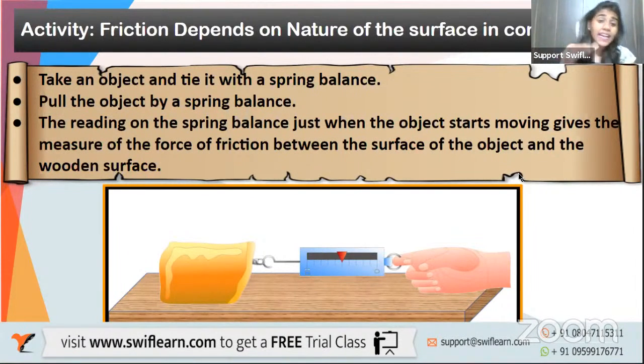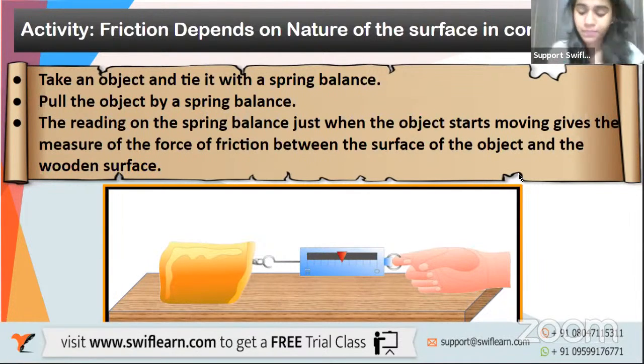The reading on the spring balance just when the object starts moving gives the measure of the force of friction between the surface of the object and the wooden surface. Getting it? As soon as the object starts to move, whatever reading is shown on the spring balance is equal to the frictional force between both the objects.